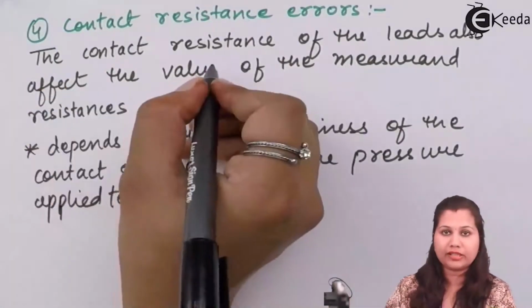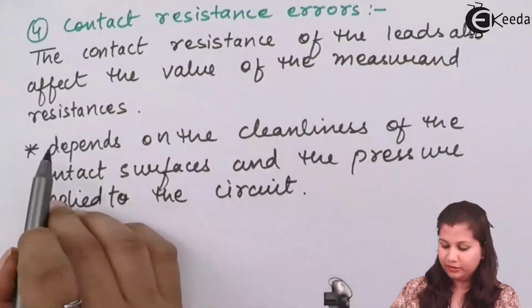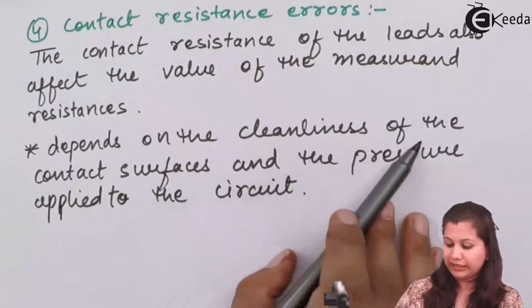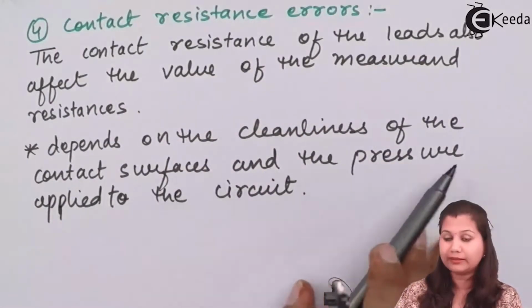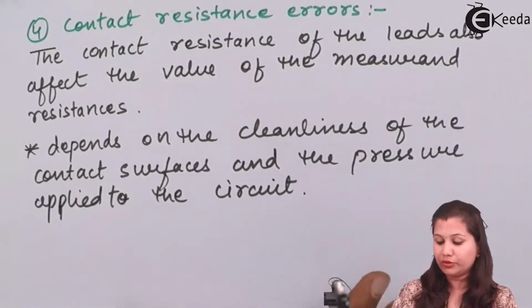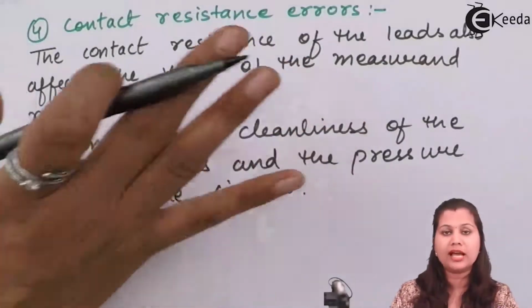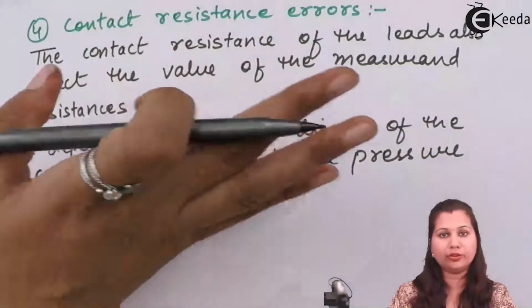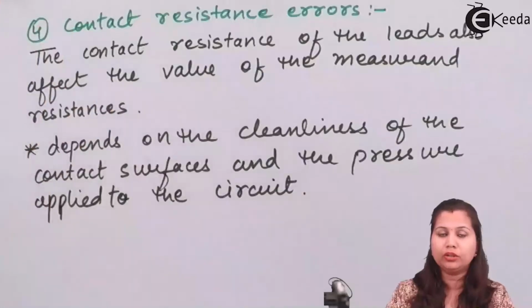So the contact resistance value depends on the cleanliness of the contact surfaces and the pressure applied to the circuit. By improving these, we can reduce the contact resistance, and further reduce the errors which have occurred due to it.